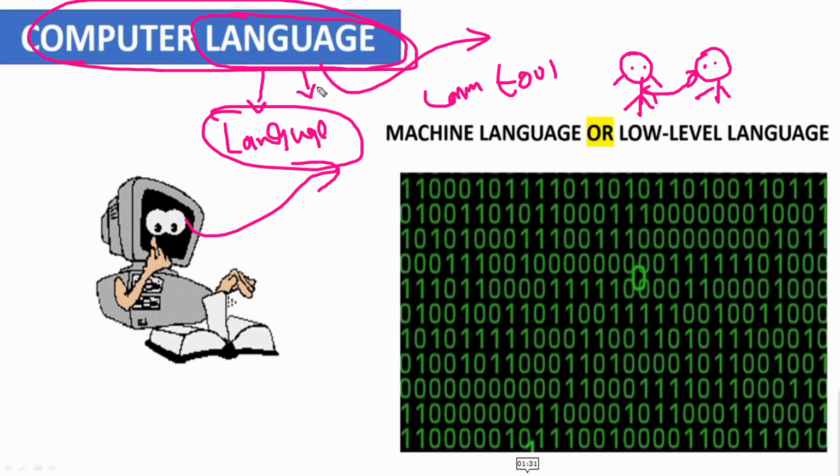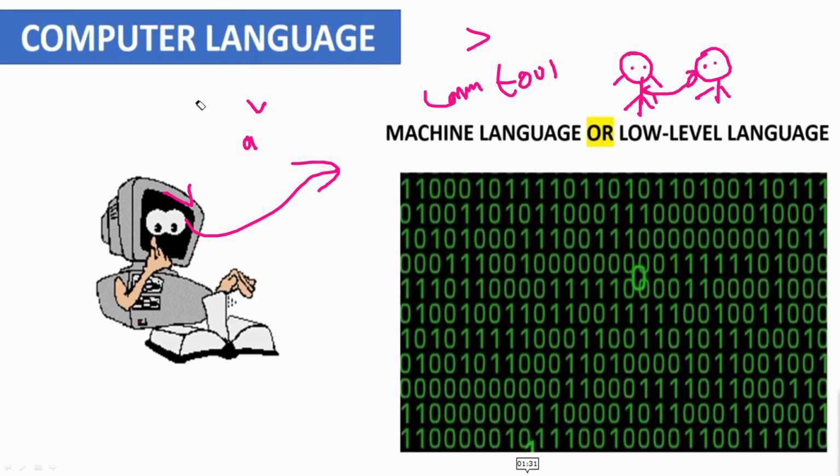When there is a language, only then is there communication. In the similar way, we use computer language to communicate with computers. As a user, if you want to communicate with the computers, we need computer languages.